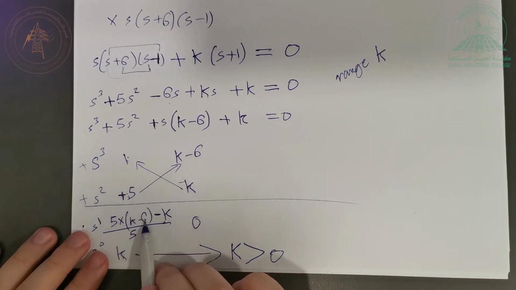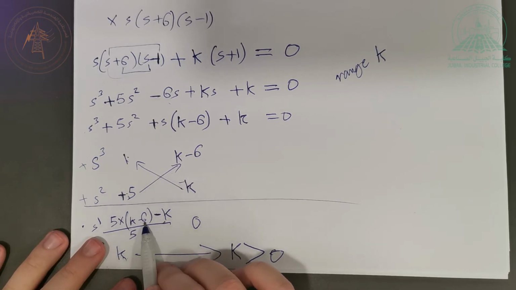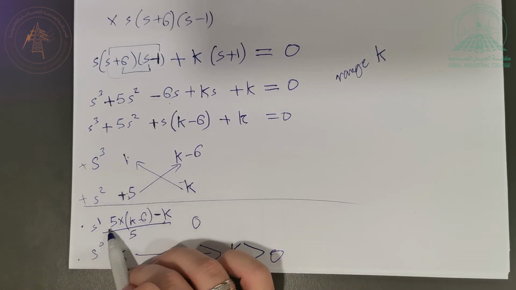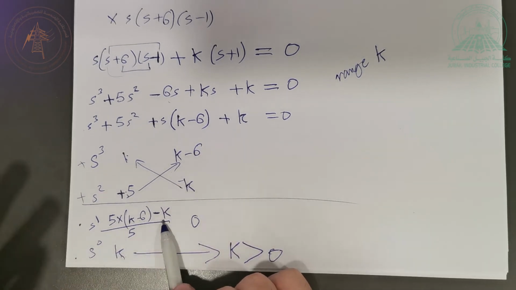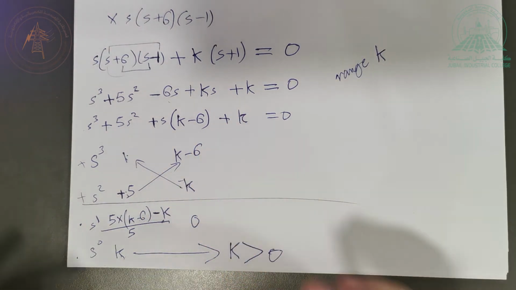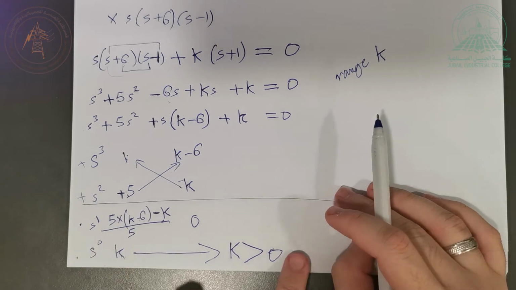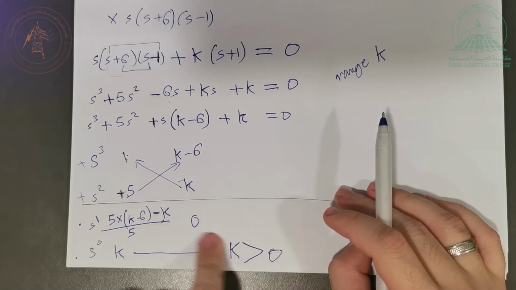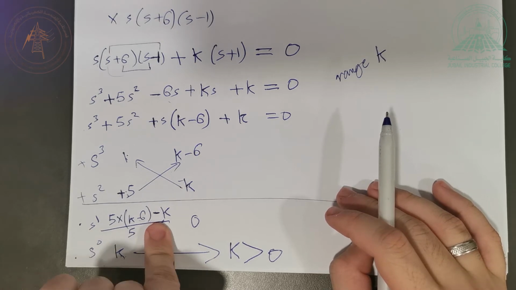I will get 1 minus 6 is minus 5, minus 5 multiplied by 5 is minus 25, minus 1 is minus 24, divided by 5, so minus 24 over 5. So it's negative. So choosing k greater than 0 solves this one, but it's not necessarily going to make this other element a positive number as well.